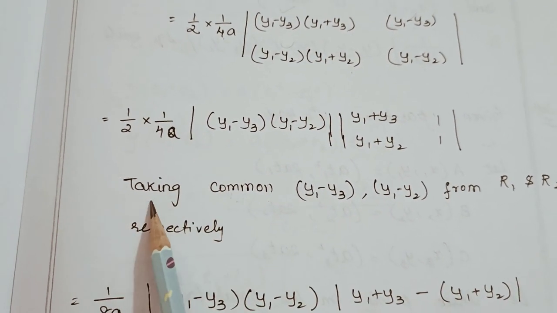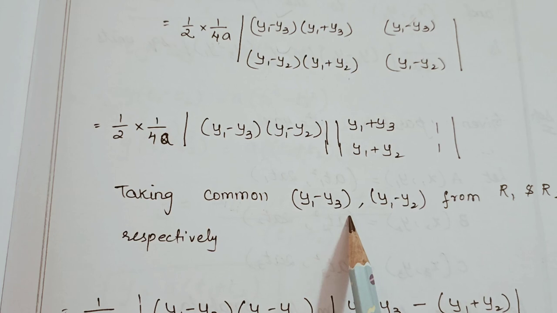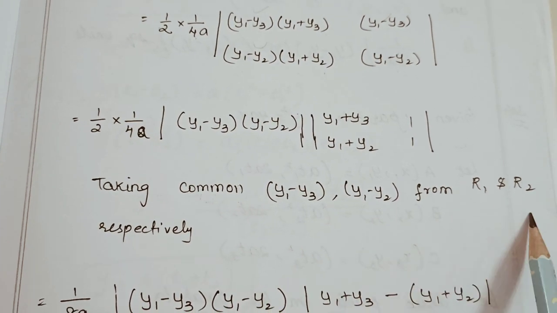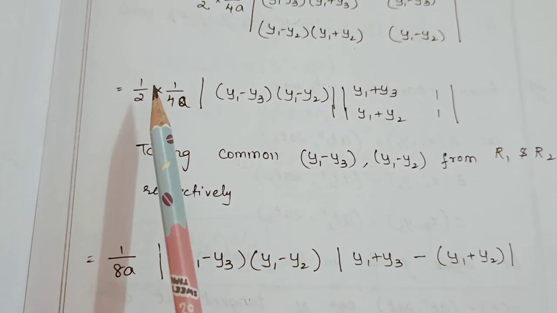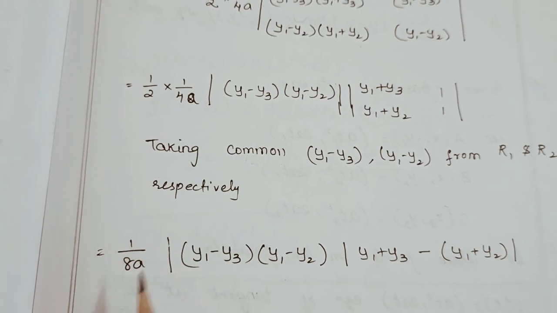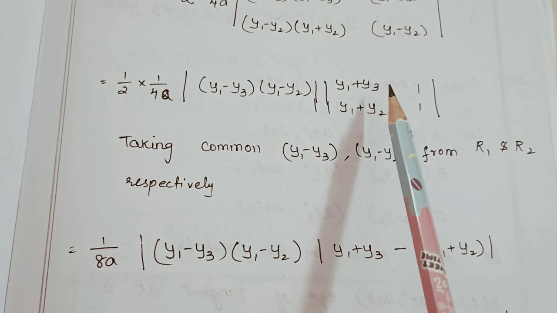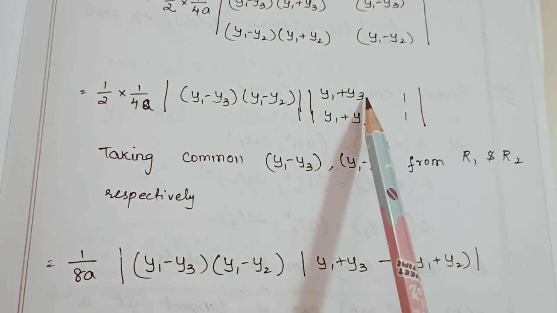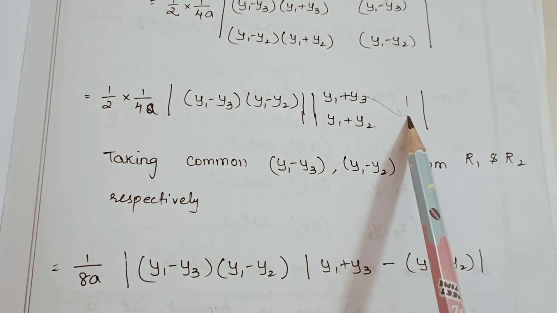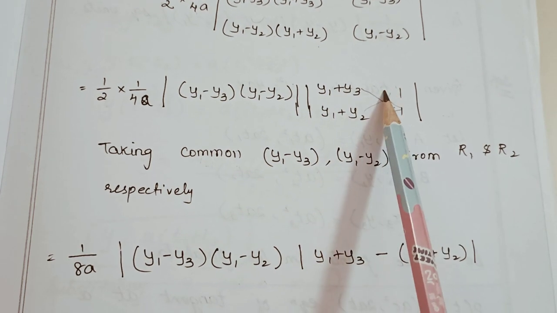So taking common (y1 − y3) and (y1 − y2) from row 1 and row 2 respectively. Here 2 times 4 is 8, so 1/8a (y1 − y3)(y1 − y2). Now do the cross multiply here.